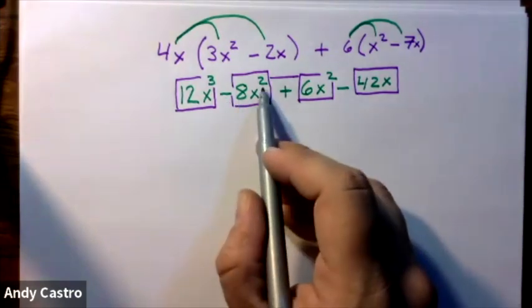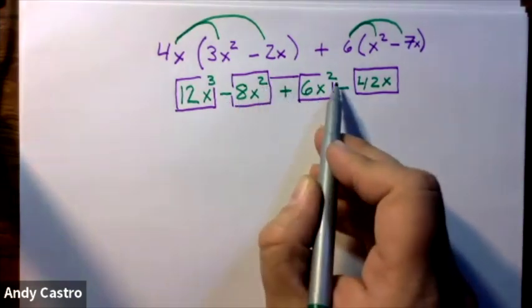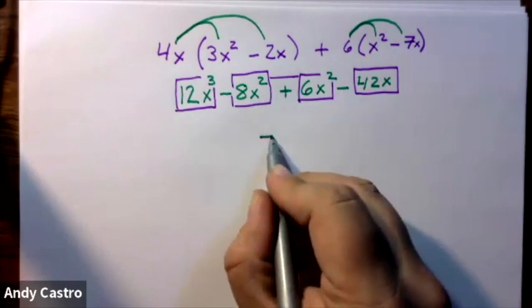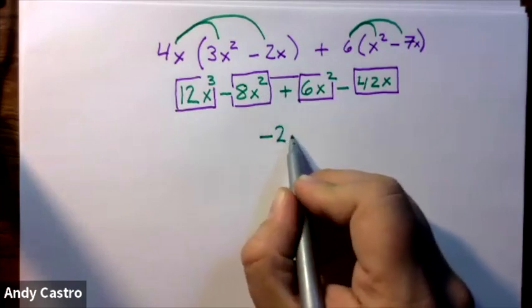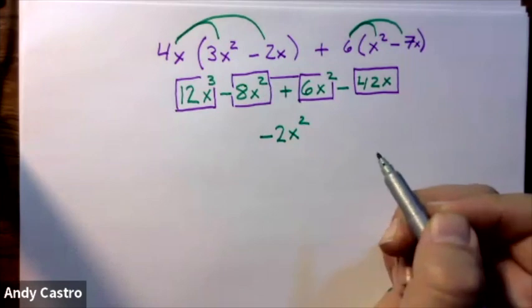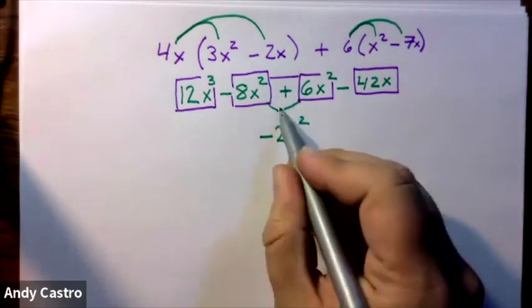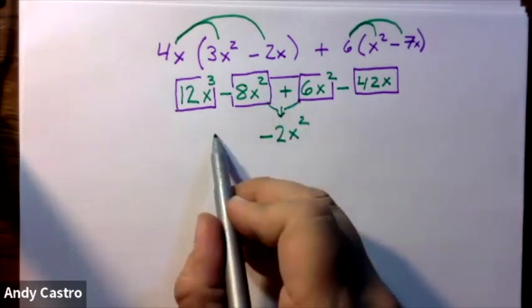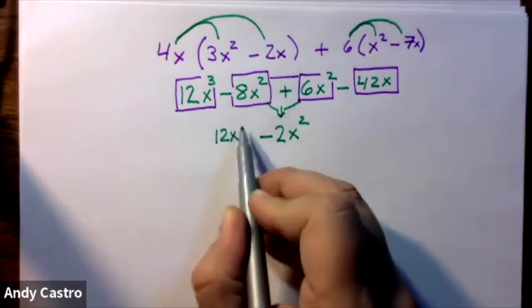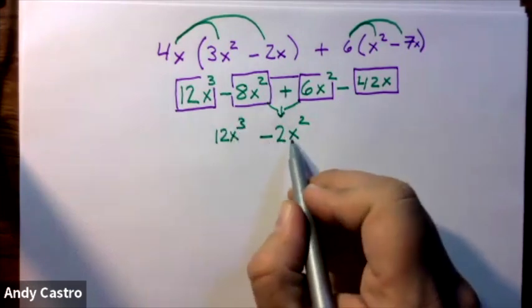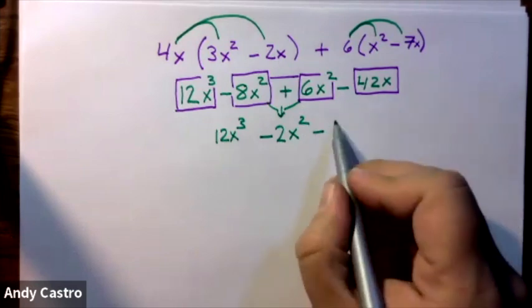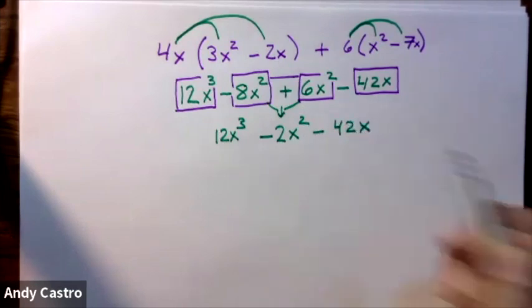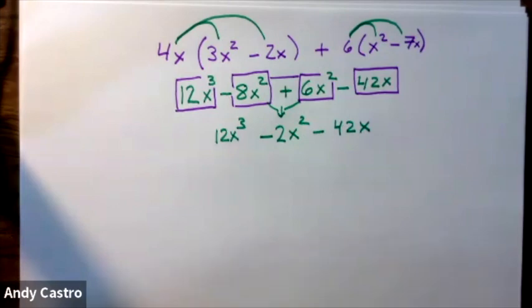So negative 8x squared plus 6x squared gives me negative 2x squared. This is 12x cubed minus 2x squared minus 42x. That is simplified down to its most simple.